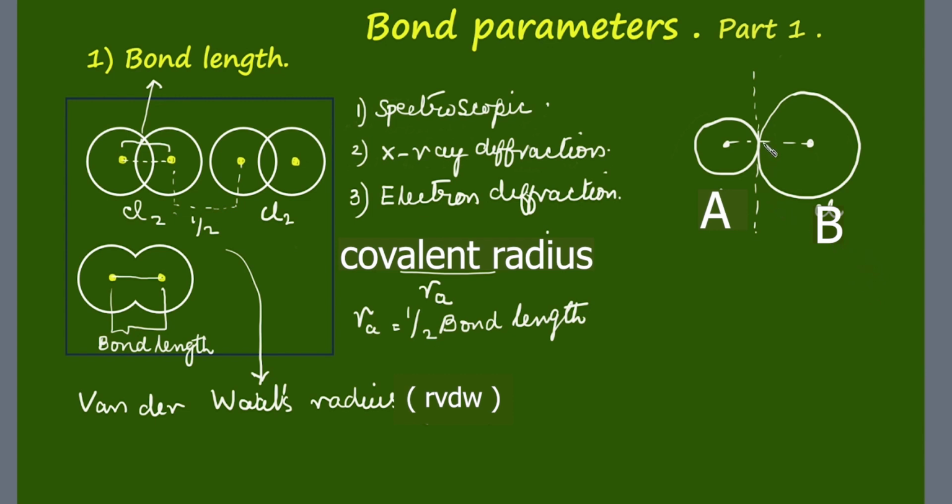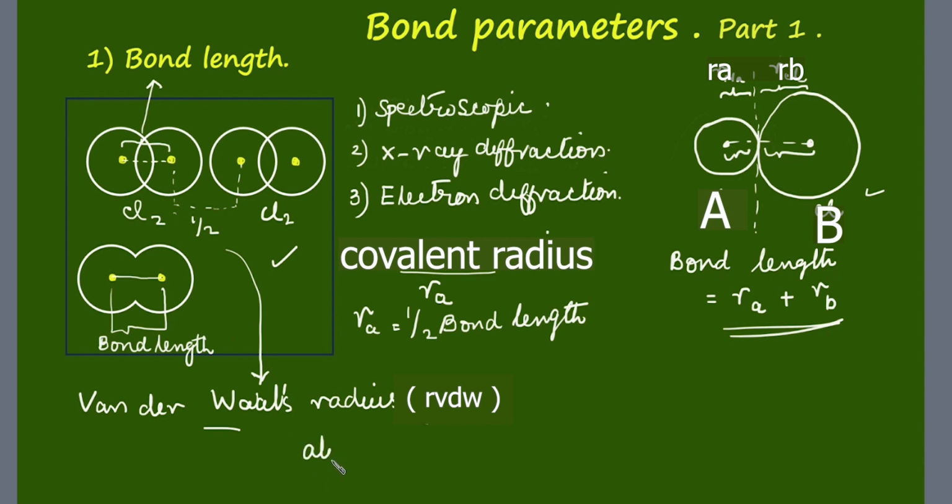So, a line drawn between the cores of the two atoms which are in contact will not be exactly half. The covalent radius for atom A will be smaller than the covalent radius for atom B. But in both cases, that is irrespective of whether the participating atoms are similar or dissimilar, bond length is equal to the total of the covalent radii.